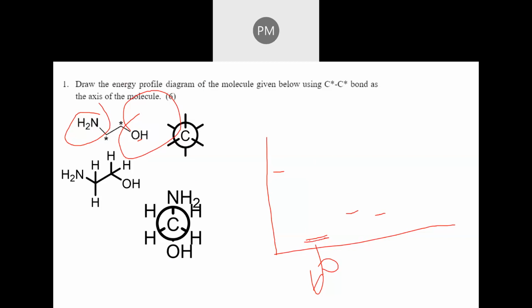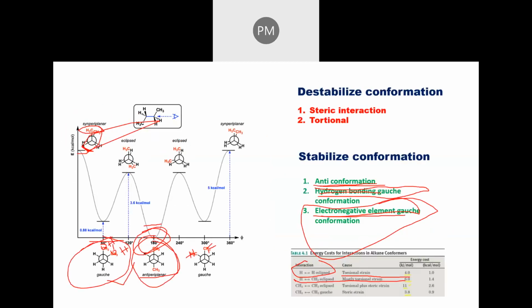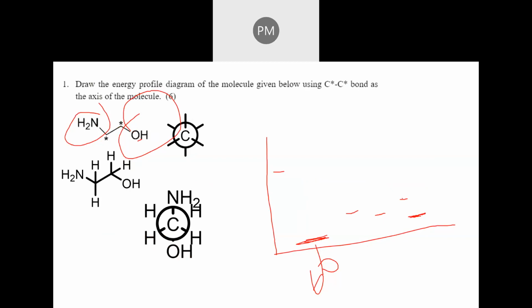As compared to anti, this one will be more stable. Similarly there is another eclipsed conformation, then another gauche conformation comes around 300-degree rotation, and after 360-degree rotation it will be similar to the starting molecule. So our energy profile diagram will be like that.